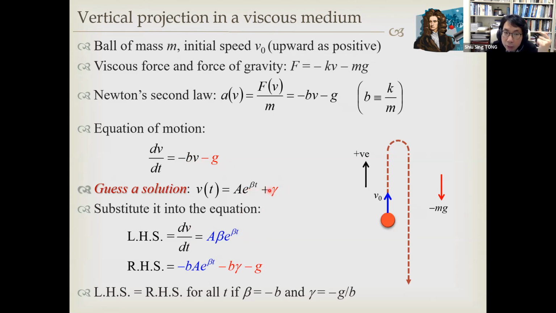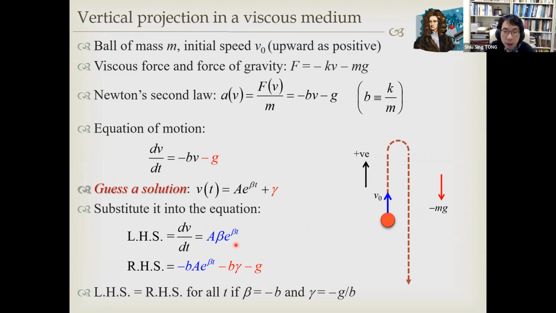So when v is given by these two terms, we now have three terms on the right-hand side. The first term is just minus bAe^(beta t) as before. The second term is minus b multiplied by gamma. And the last term is the constant minus g.